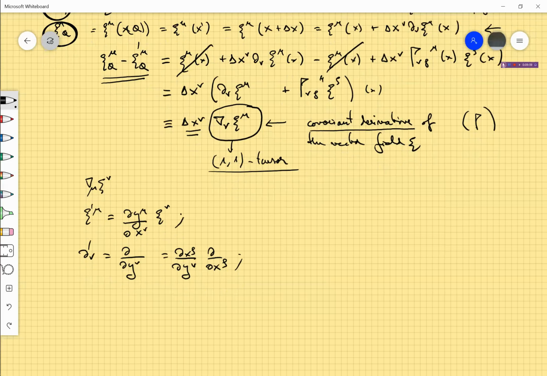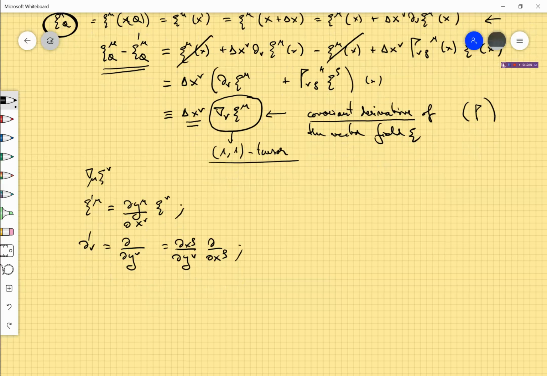So first of all, observe that if we had tried to define a derivative on tensors, in particular the contravariant vectors, of this form, which is the most naive derivative that you can construct, it is a derivative, but it does not transform the vector psi into a 1,1 tensor, one index up and one index down, because this does not transform as a tensor. Let's see how it transforms.